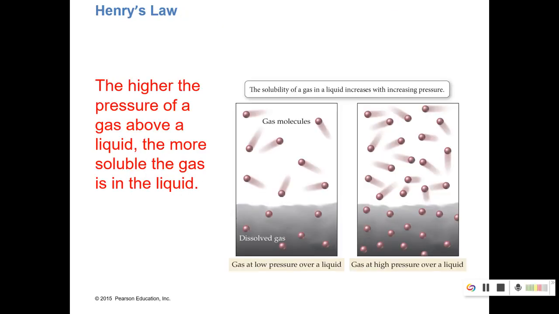Okay. Also, you need to keep in mind that the higher the pressure of the gas above the liquid, the more soluble the gas is in the liquid, which means the more bubbly it'll be. So this goes back to sodas. This is why they are pressurized, because the more pressure I can make the container have, the more bubbles are in the solution.